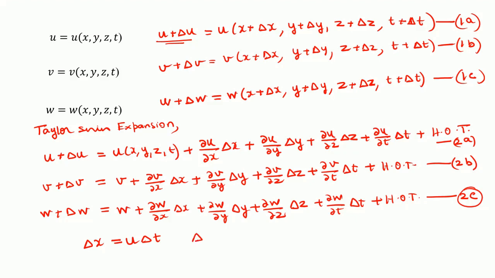Then delta y is equal to v into delta t. Here the assumption is that in the time delta t, v remains constant, so we have to take a small delta t. And delta z is w into delta t, correct. Let us put this as equation number 3.